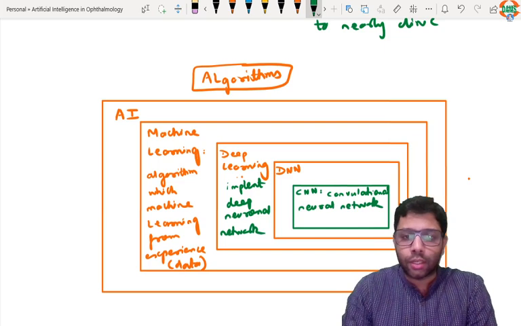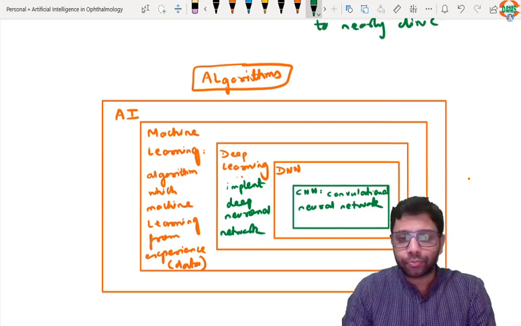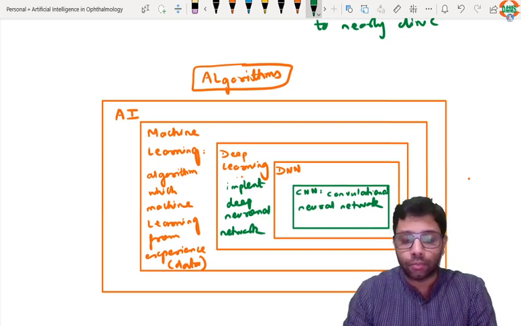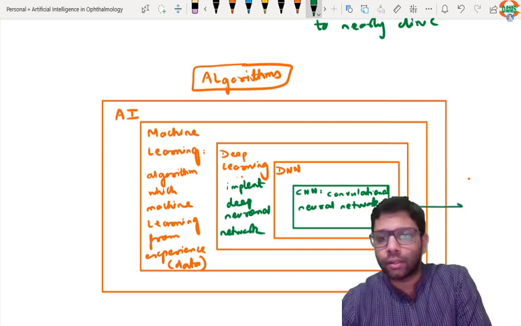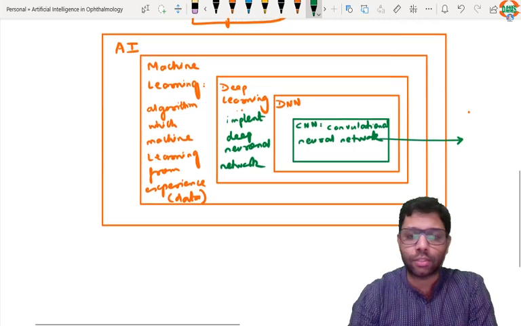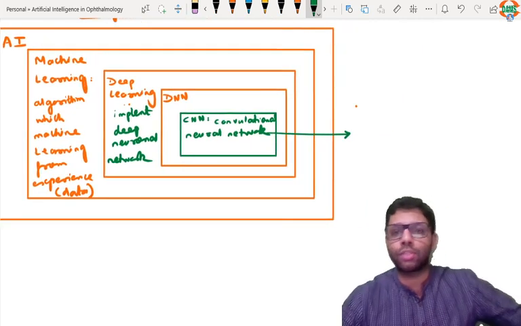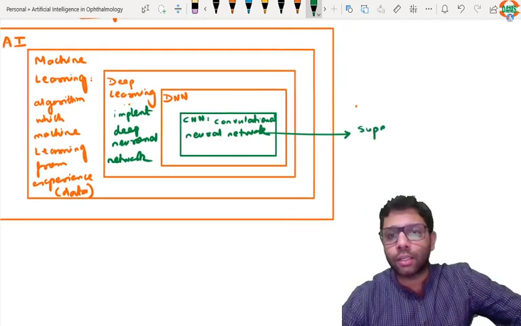It is a supervised deep learning algorithm which deals with images. So we'll write about CNN because that is the most used in ophthalmology.